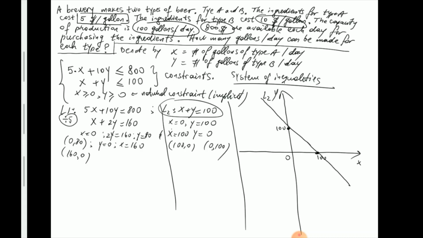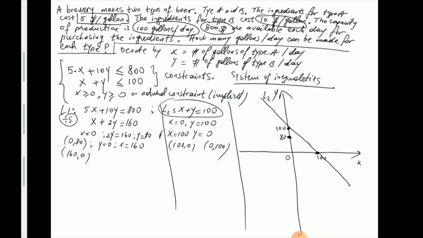And let's sketch the other line. So the other line, one point is 0, 80. 80 should be below 100. Again, pause for a moment. This is extremely important because if you misplace this point above 100 by mistake, the picture will not be correct. And it will not give you an accurate or a meaningful representation of the region.